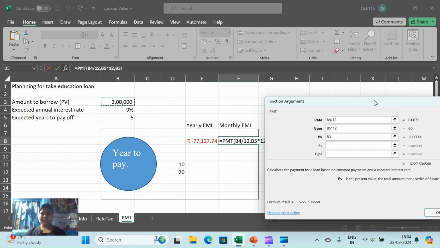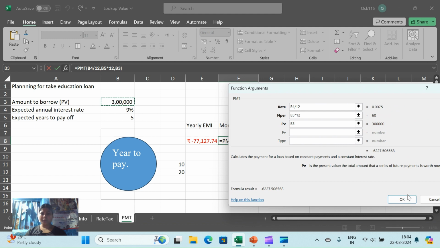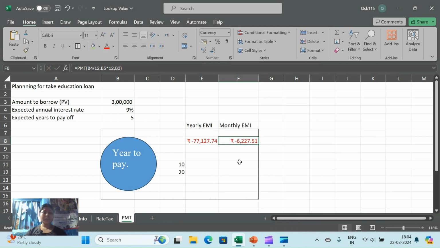Now click OK here. We will get the answer, right? How much we need to pay in a month, which is 6,227.51 paise.